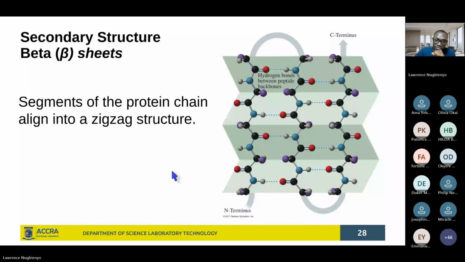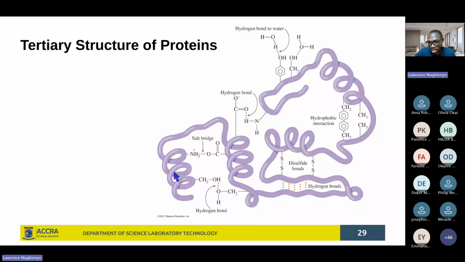Now, the tertiary structure. I said a tertiary structure of a protein is a protein that is having two or more secondary structures in it.